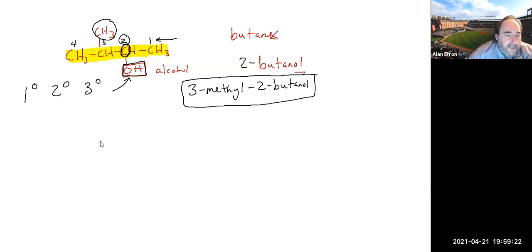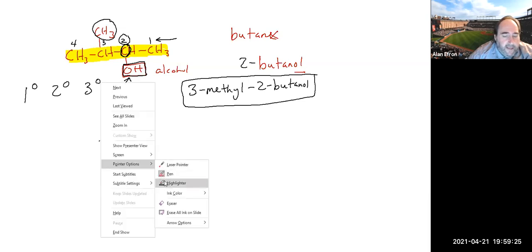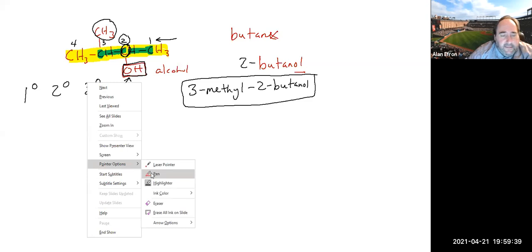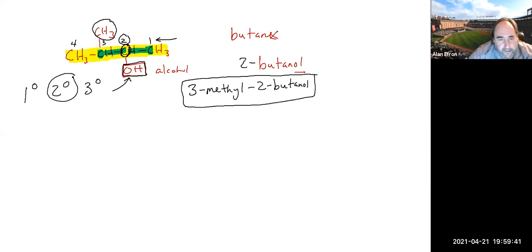And what we're looking at, at that carbon that has the OH group, is how many carbons are directly attached to it. So directly attached to that carbon is 1 there. Directly attached to that carbon is 2 there. This would be a secondary alcohol because of that. So we're looking at the carbon that has the OH group attached to it and how many carbons are directly attached to that carbon. Question on that there.